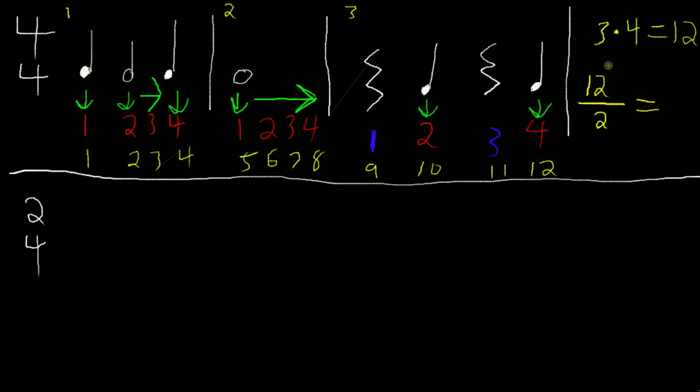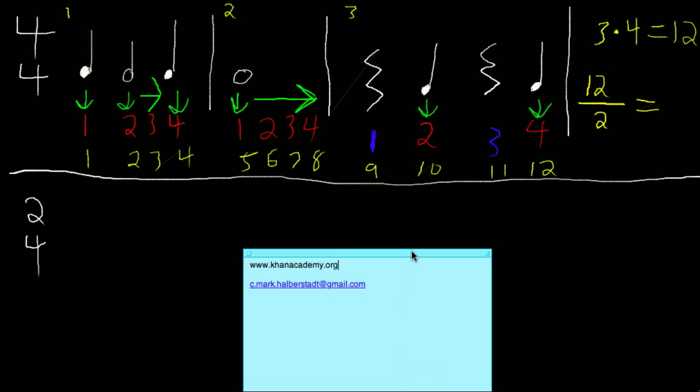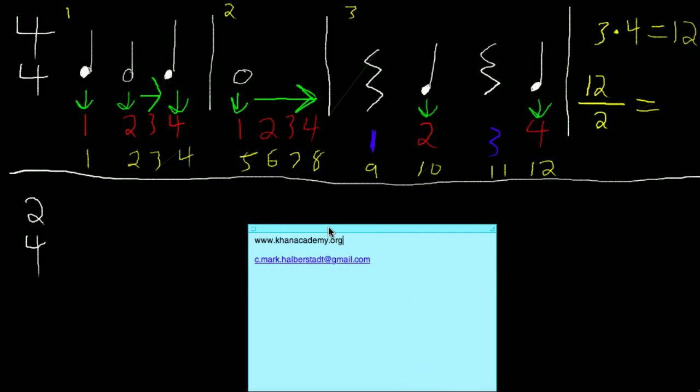So we're going to take those 12 total beats of music and divide by how many beats in a measure we're going to have in 2/4. So we're going to take 12 and divide it by 2. Hopefully you understand a little bit about multiplication and division. If you don't, you should check out www.khanacademy.org. This is an absolutely fantastic site that delves into a lot of depth. It's absolutely free.